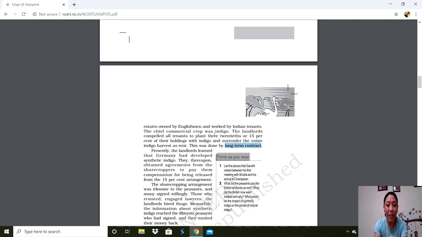But in the contract it was mentioned that suppose you have 100% of land, out of which you have to cultivate 15% of the total land holdings with indigo. So that was the compulsion, the force being imposed on the Indian farmers, right? Whether they liked it or not, the Indian farmers compulsorily had to cultivate 15% of the total land holding with indigo. All right, that was what was in the contract.